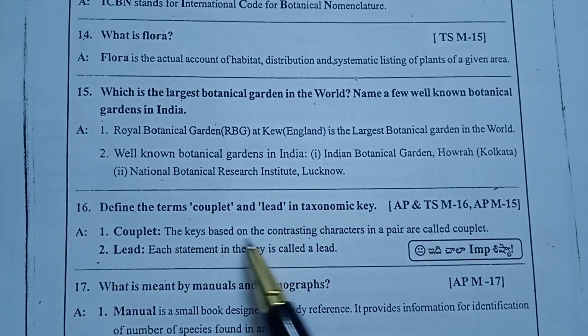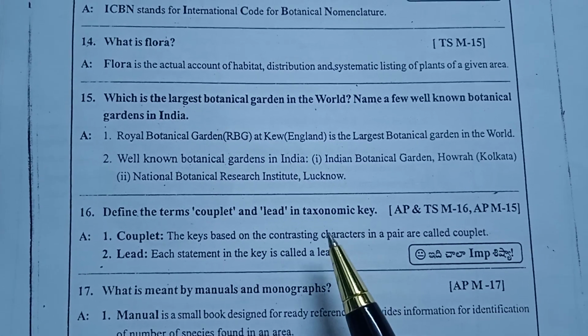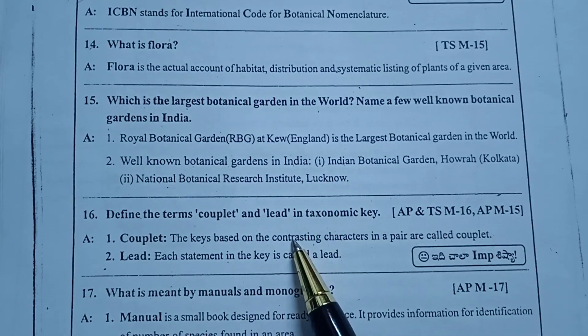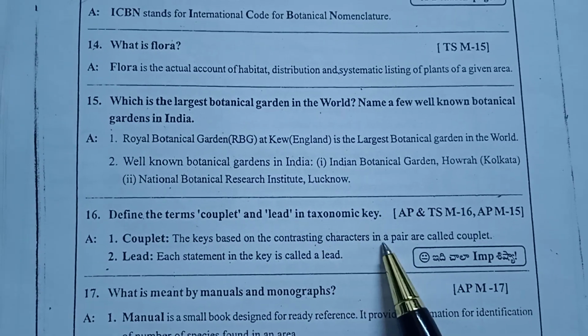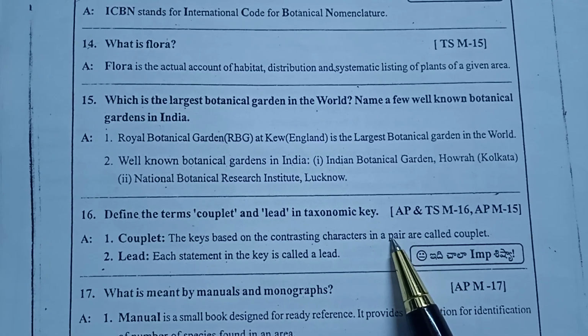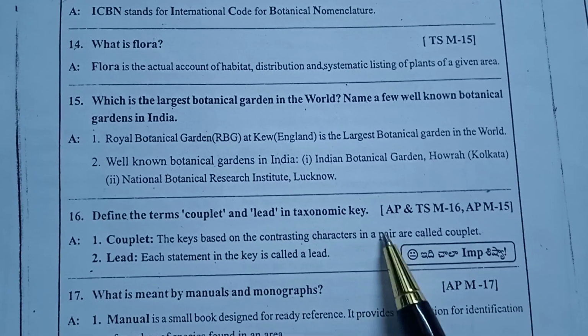Two characters that differ in one specific way are called contrasting characters. Couplet means a pair, and pair means two.